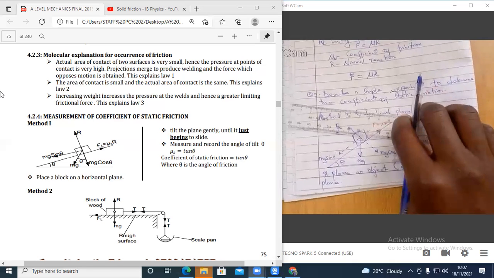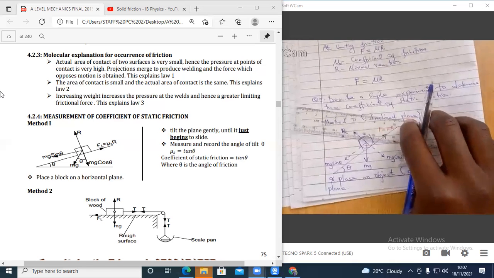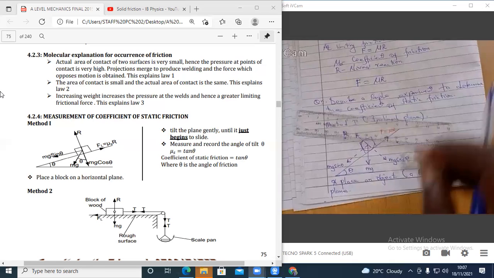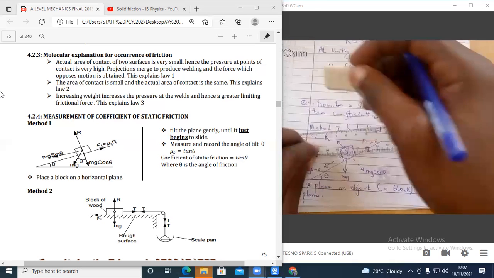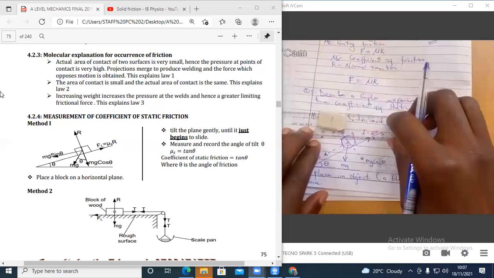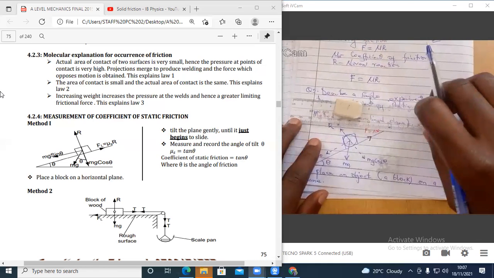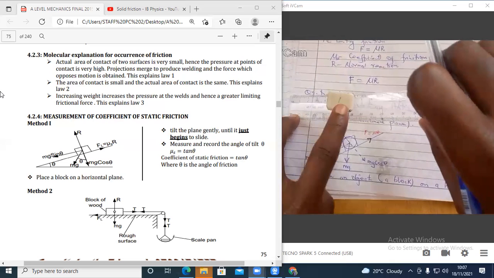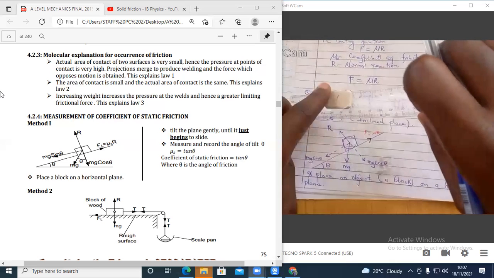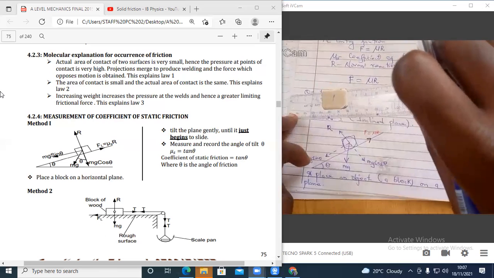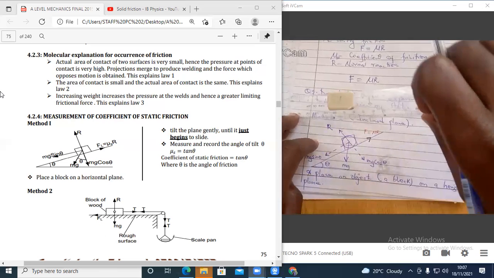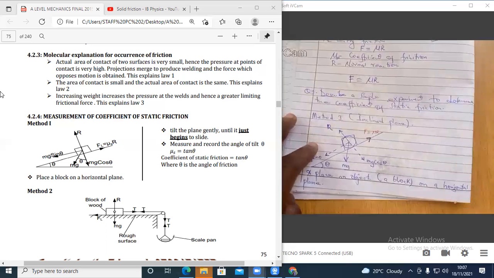Let me try to demonstrate it. If I want to determine the coefficient of friction between these two, I first put it like this, then I start tilting it at a given angle until this block slides a bit. When it slides, that's when I will stop. You are raising it to a given angle.